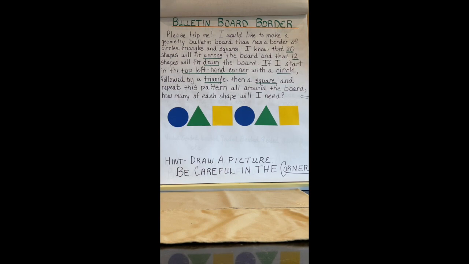I know that 20 shapes will fit across the board and that 12 shapes will fit down the board. If I start in the top left-hand corner with a circle, followed by a triangle, followed by a square, and repeat this pattern all around the board, how many shapes will I need?